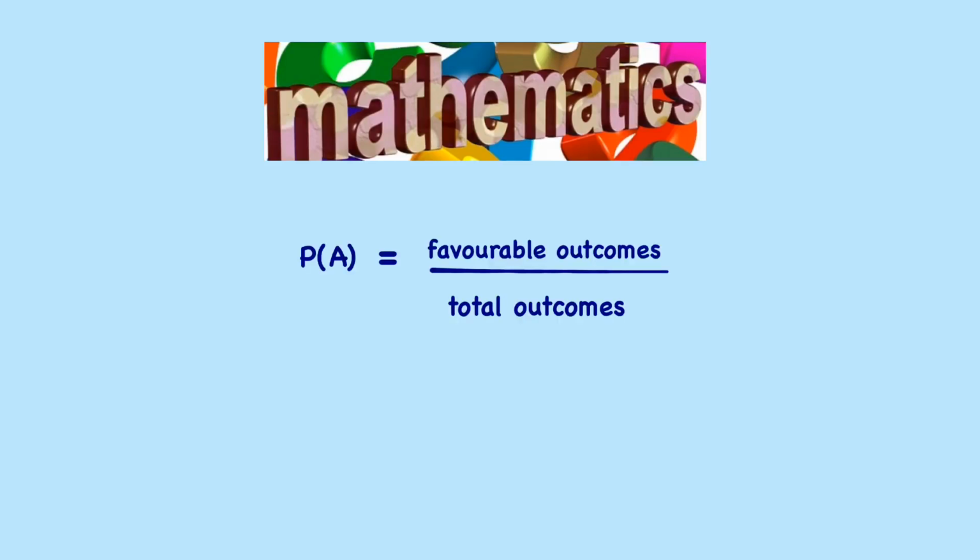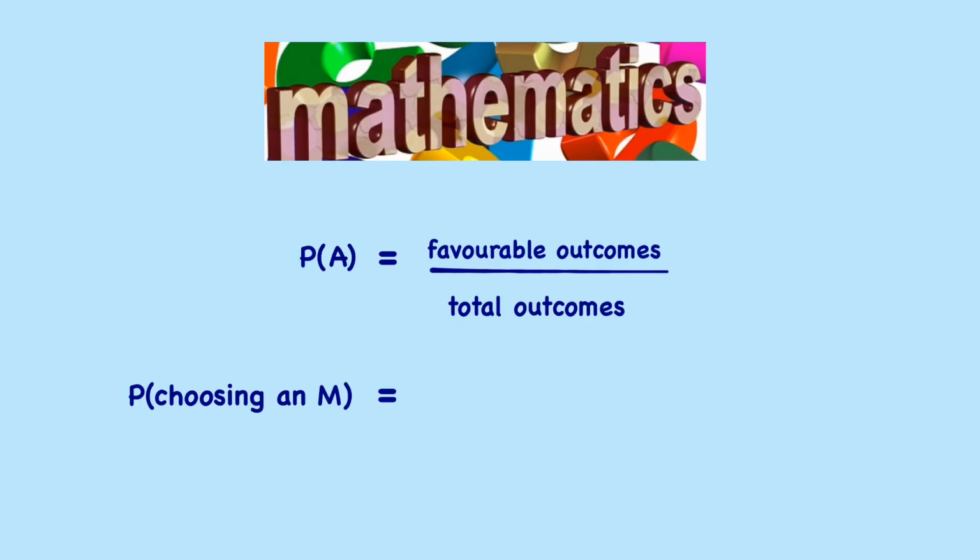Let's say the word mathematics is made up using letter tiles. If we were to put all these tiles in a bag and pick one at random, what is the probability that the tile that you picked would be an M? So first of all, let's look at the formula. So P(A) equals favourable outcomes over total outcomes. So in this specific example, probability of A is the probability of choosing an M, so that's the event.